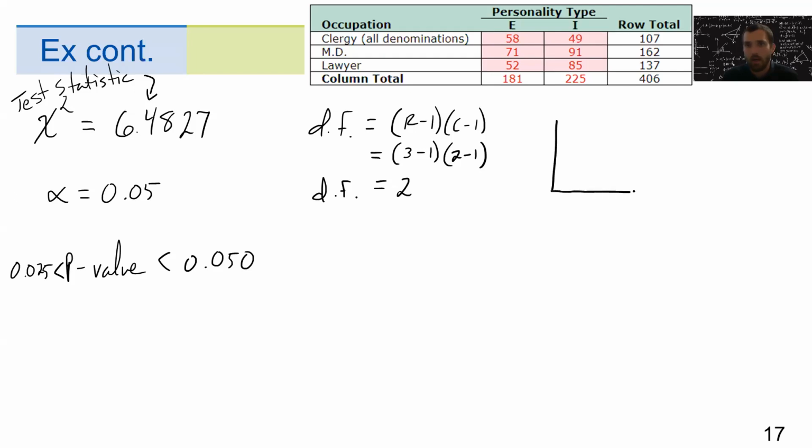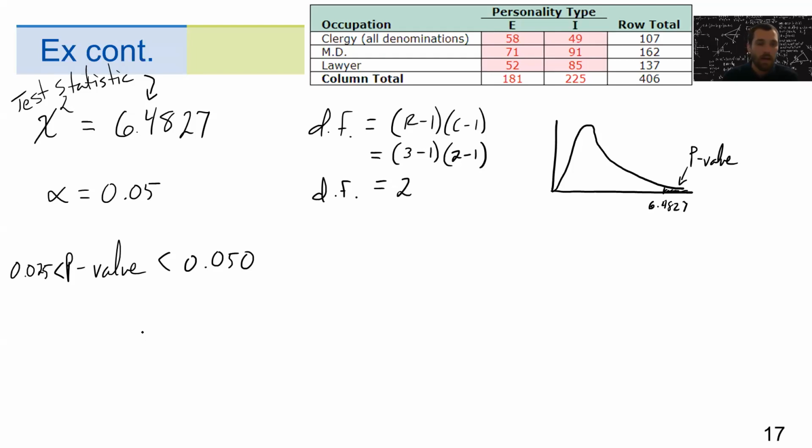If I look at my little curve here, the chi-square distribution, it's going to go whoop. With degrees of freedom 2, right here is probably where I have 6.4827. That's what chi squared is. And this shaded area corresponds to our p-value. That is what our distribution would look like.